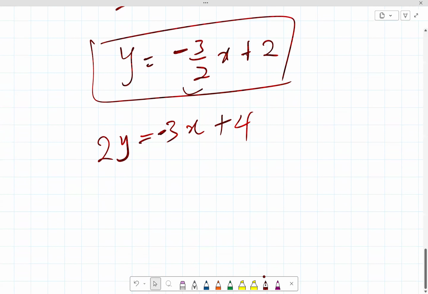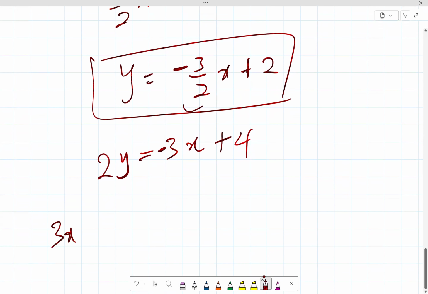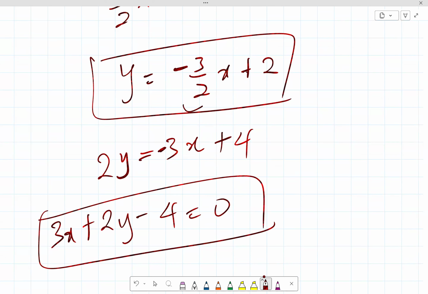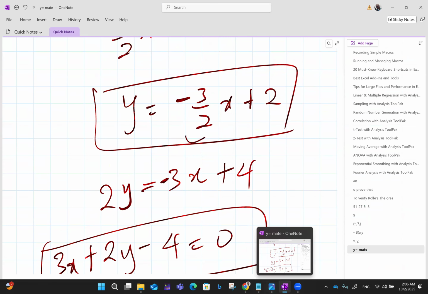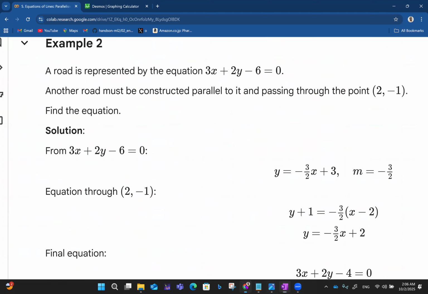So in general form, you can bring 3x over, 2y is already here, plus 2y, then 4 minus 4 equals 0. So that's the general form of that equation. So this is the equation of the second road that should be parallel to the first one we were given. So you can use that idea of parallelism to take care of this.